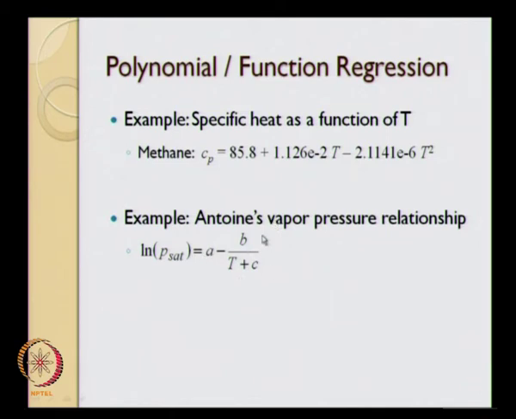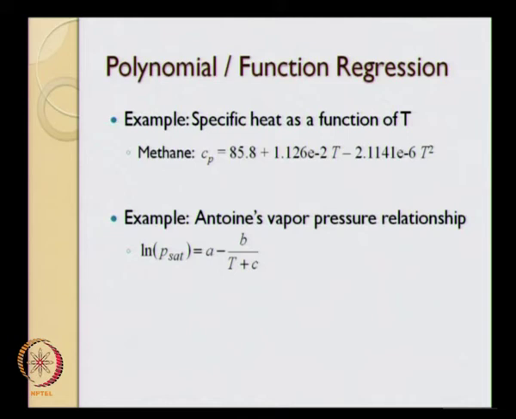Another example is a functional regression where we want to fit a functional form of this type. This is an Antoine vapor pressure relationship. Log of the saturation pressure is a function of the temperature, and A, B and C are the three constants in this equation. This equation as it is formulated is going to require nonlinear regression. Of course, there is an alternative way of formulating this problem which is going to result in linear regression.